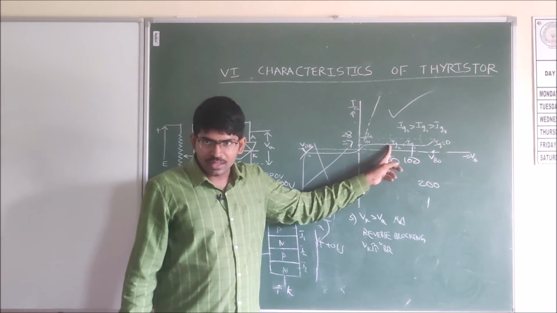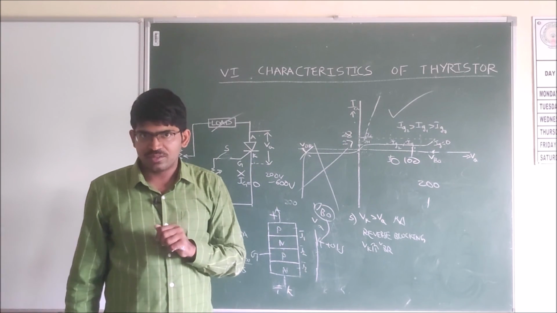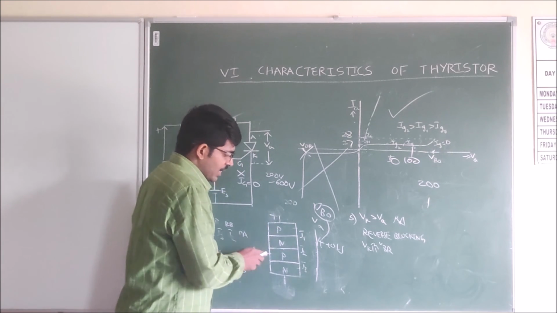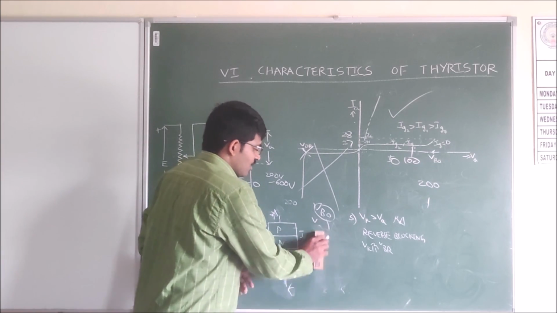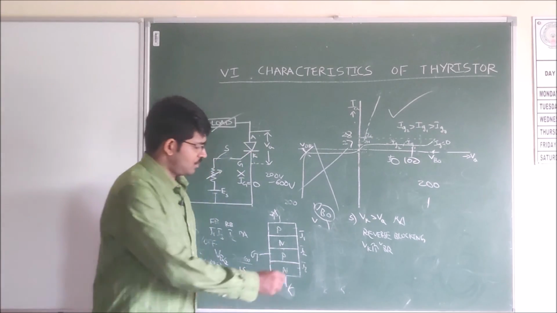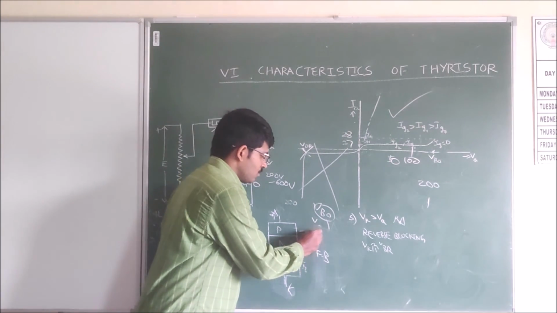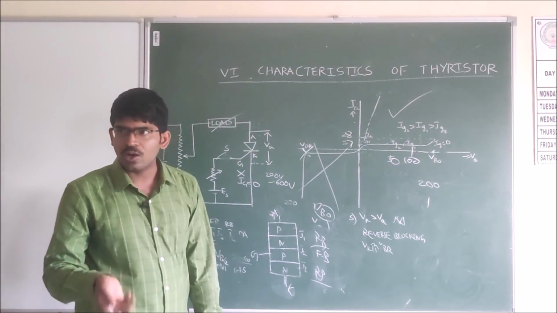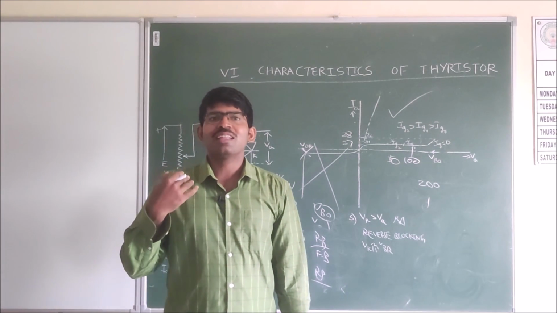Whether it is a unidirectional device or a bidirectional device. If we give the positive voltage to the cathode with respect to the anode, which junctions are forward biased? Only J2. Which are reverse biased? If we increase the voltage more, which junctions will break down? It will damage the thyristor.